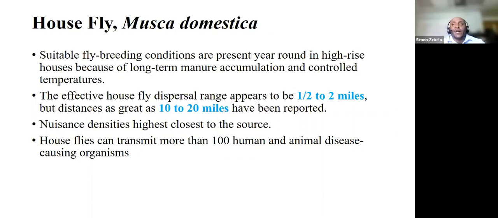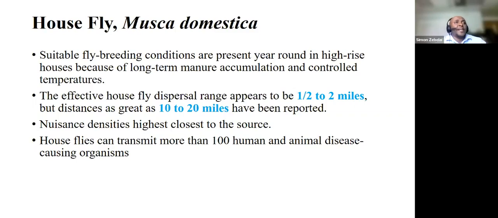Temperature is a factor for many insect pests, in agriculture, in crop production systems, in poultry production systems. So in high-rise houses, long-term manure accumulation is there and the temperature is very conducive for flies. That's why they survive the winter and the high temperatures of summer.